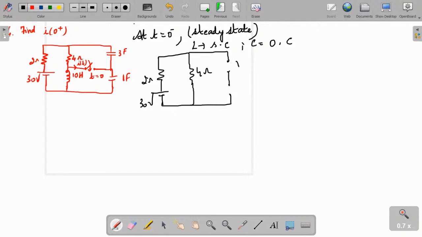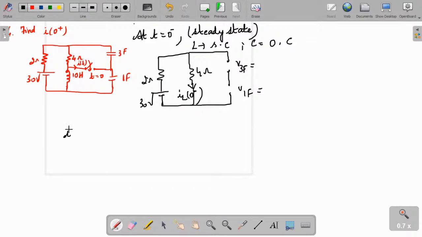Correct. So this is the voltage across the 3 farad. If it is open circuit, there exists a voltage, in place of the 1 farad capacitor. So I will denote it as the voltage across the 1 farad capacitor. Okay, so we have to find what is IL of 0 minus.